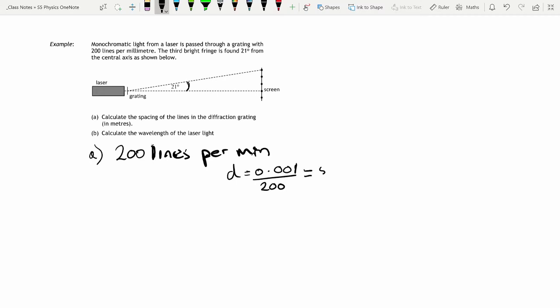So 5 times 10 to the minus 6 meters, because we want it in meters.